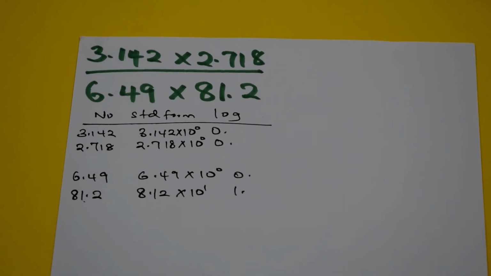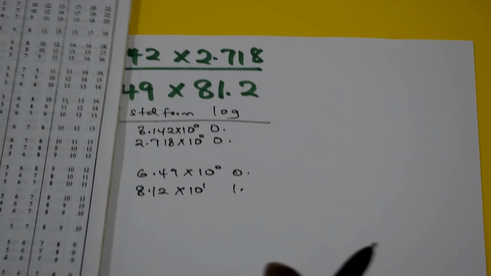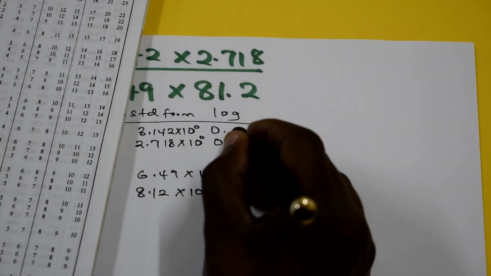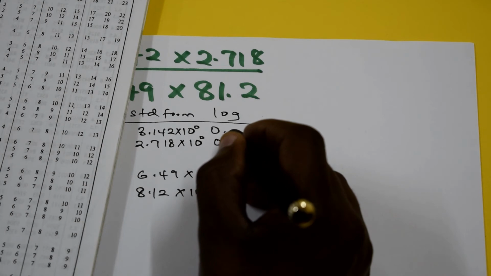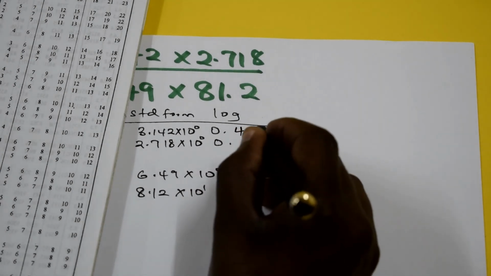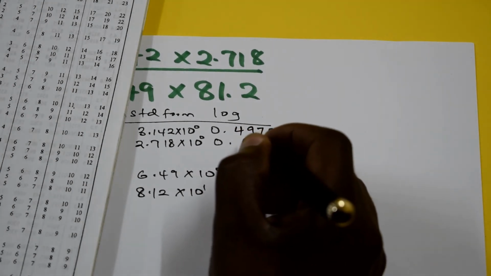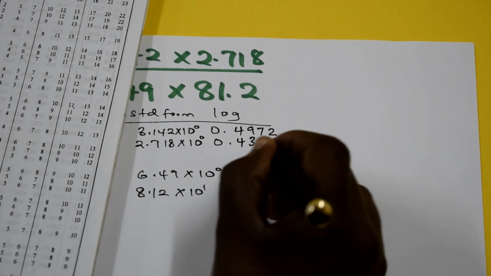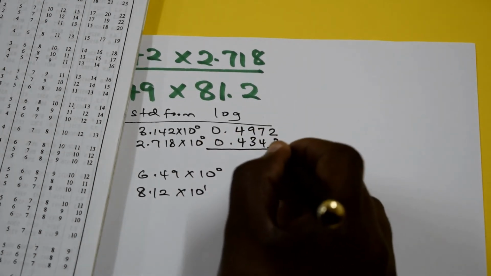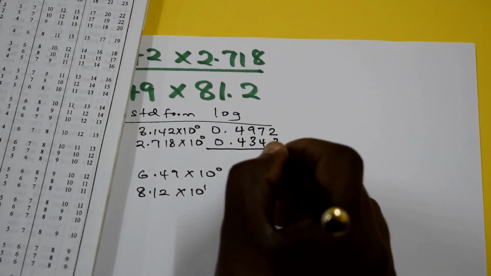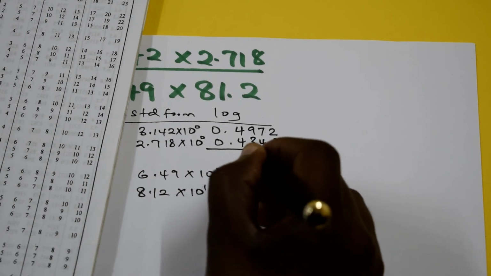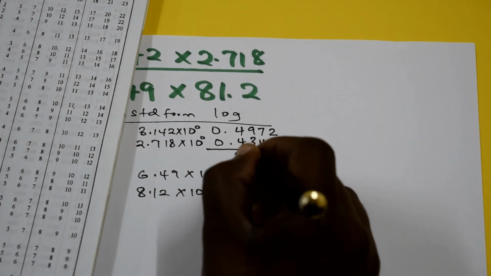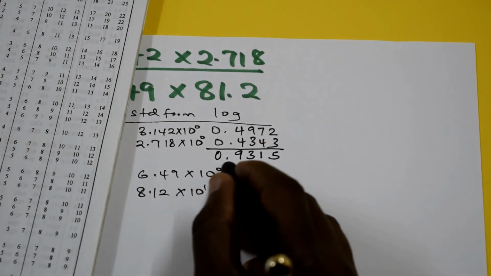So when we read from the tables, 3.142, we get 0.4972, then 2.718, we get 0.4343. When we add these two, we get 0.9315. So this is for the numerator.